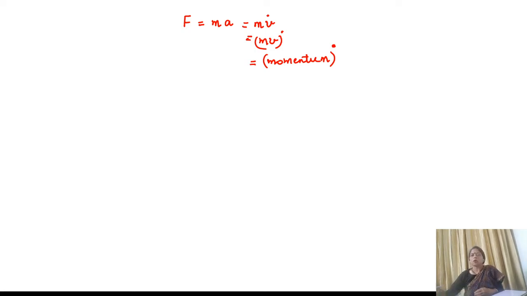The third law of Newton is known as the law of reciprocity, in which he says that for every action there is an equal and opposite reaction. And it is important about this law that he does not say that the line of action of the force and the force of reaction will be the same.